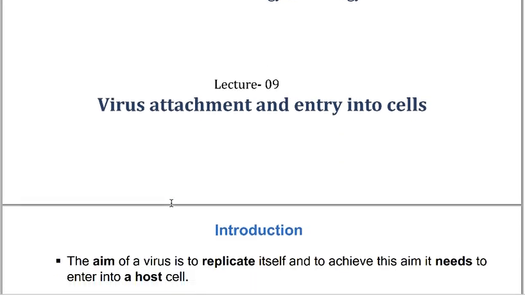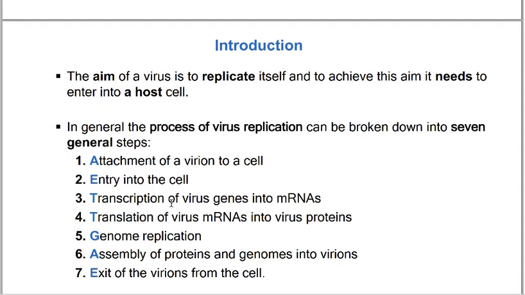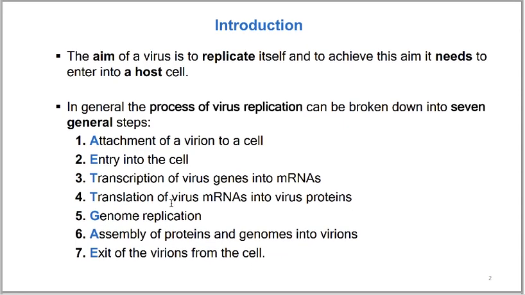Okay, so the aim of the virus is to replicate itself, and to achieve this aim it needs to enter into the host cell. In general, the process of virus replication can be broken down into 7 general steps.